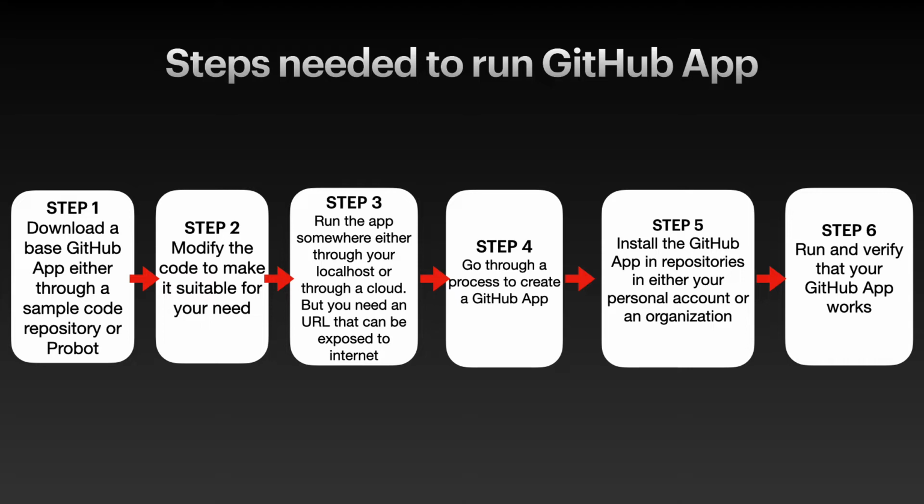Run the app somewhere either through your localhost or through a cloud, but you need a URL that can be exposed to the internet. Step 4. Go through a process to create a GitHub app. Step 5. Install the GitHub app in a repository in either your personal account or an organization. Step 6. Run and verify that your GitHub app works.